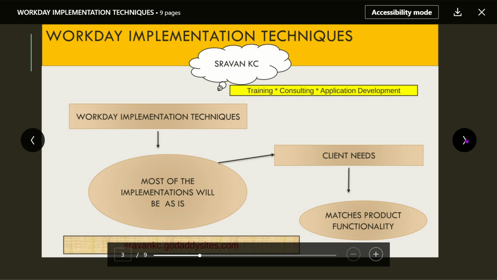When I say most of the functionality is as-is, it means it matches the product. When it matches the product, the configuration part comes into the picture. When configuration comes into the picture, the availability of resources and their experience comes into play.